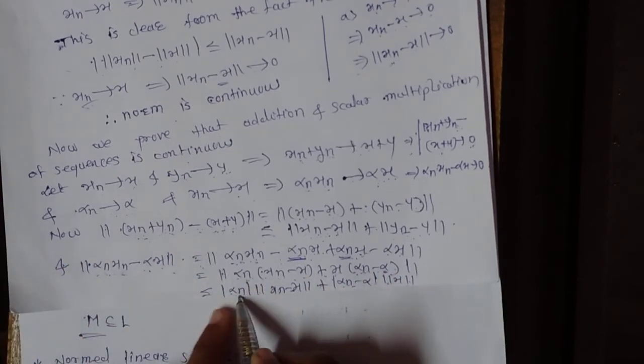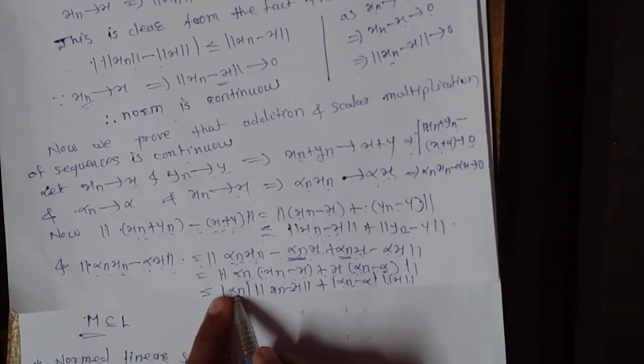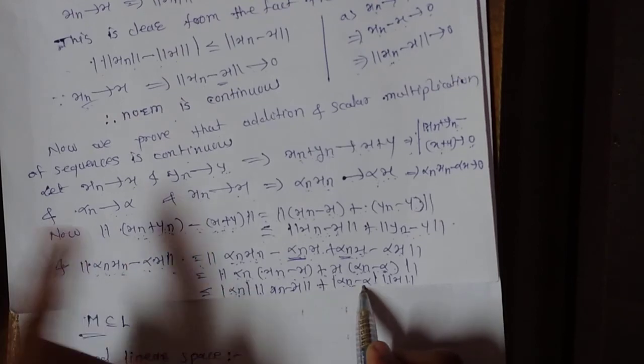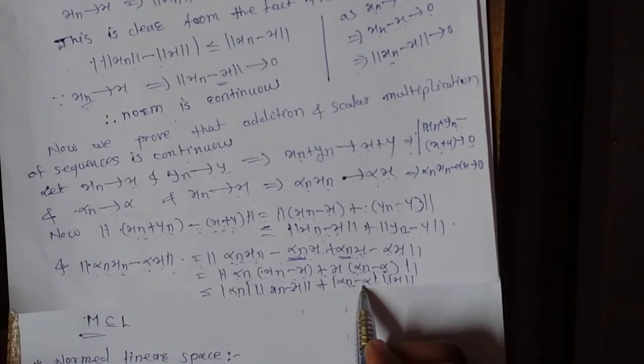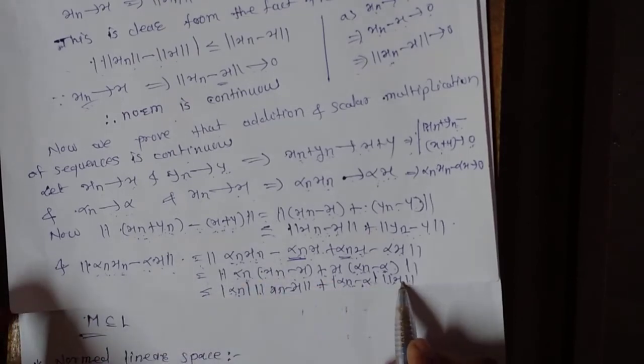So we take the mod of alpha n, which is less than or equal to, separating the norm, mod of alpha n into norm of xn minus x plus mod of alpha n minus alpha, which is again a scalar since alpha n tends to alpha, into norm of x, where x is a vector in that normed linear space.